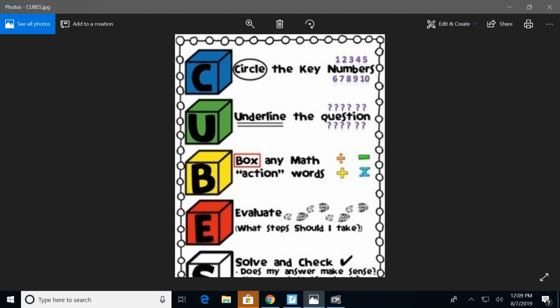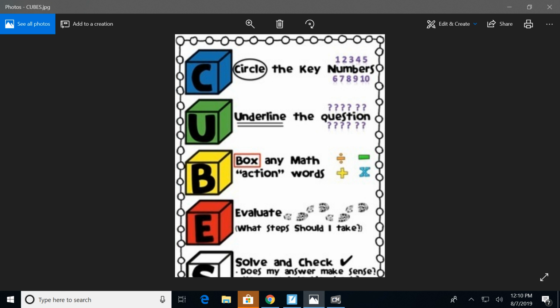You're not going to do anything right now, so no pencil should be moving at this moment because you should be listening to me. So you are going to only do C, U, and B. You are going to circle the numbers. We're going to underline the question. And we're going to box in keywords that tell you what you need to do.